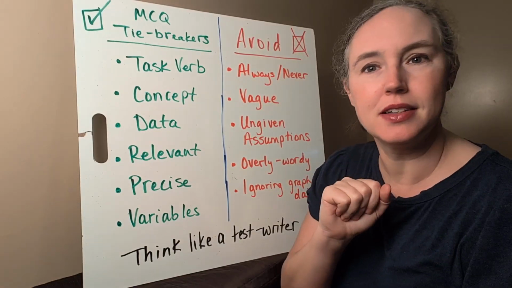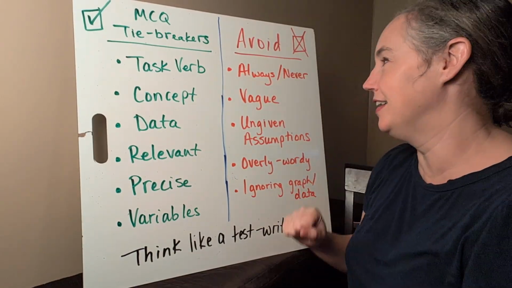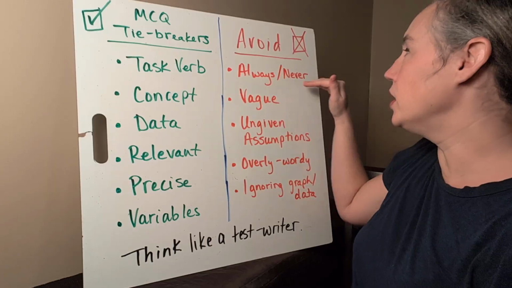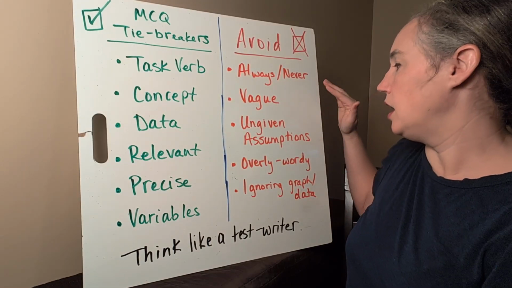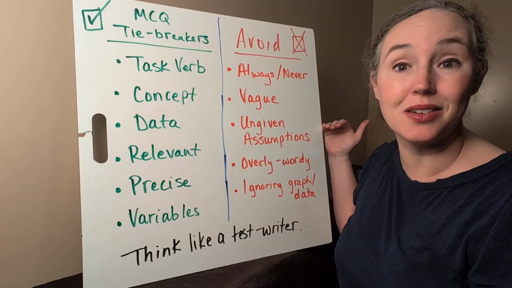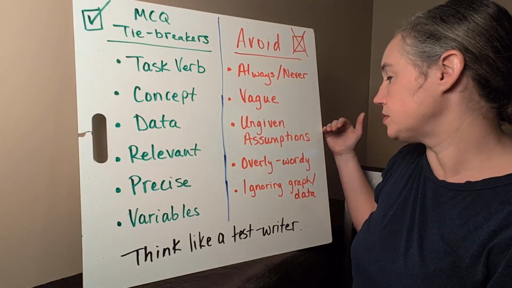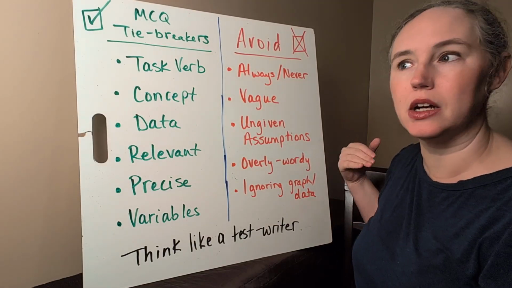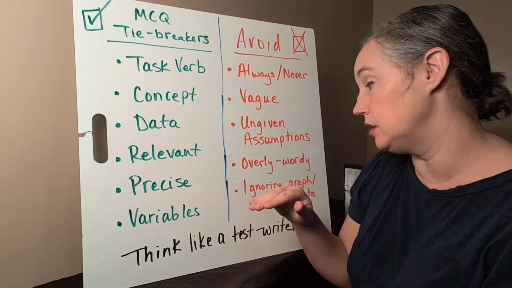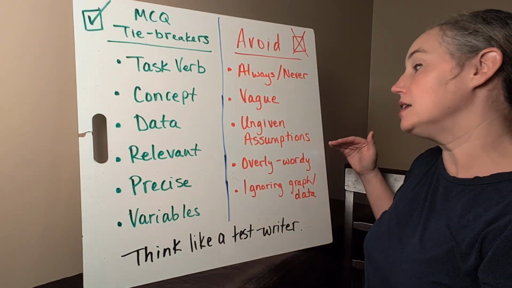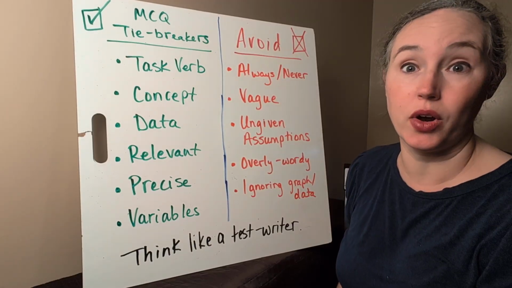And that's a little relationship advice too. But avoid extreme wording, avoid vague answers, avoid anything that's going to require ungiven assumptions, and ignore questions or answers that are overly wordy just for the sake of being wordy. And you've got to pay attention to your graphs and data.